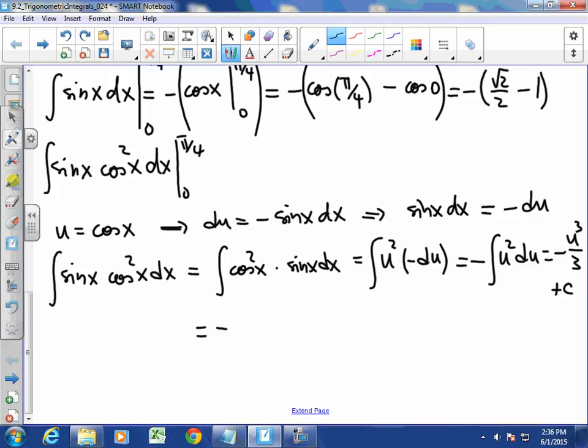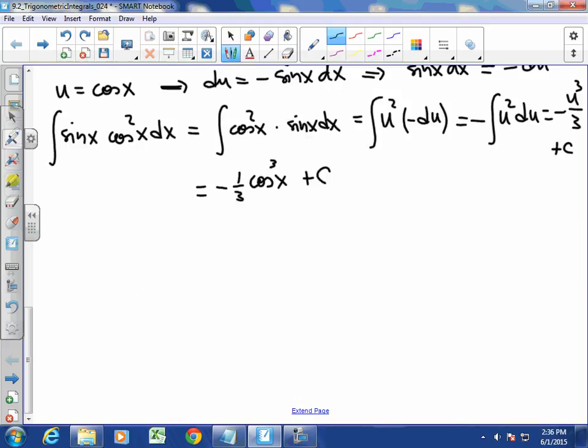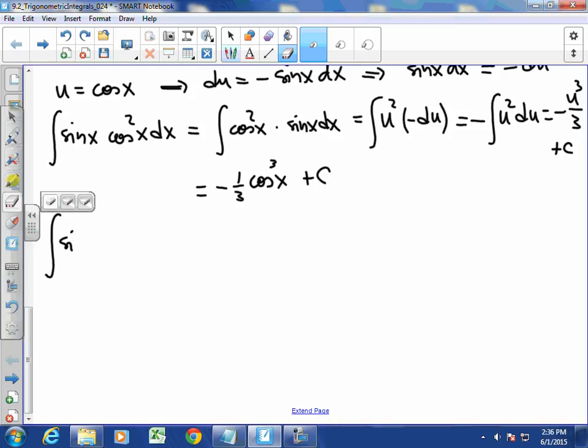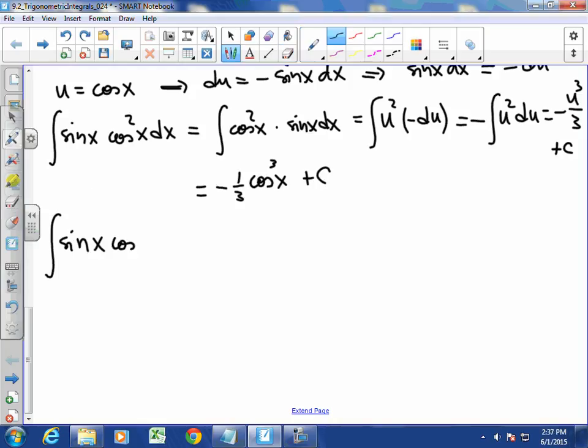What is u again? u is cosine x, so u cubed is cosine cubed x. So the integral of sine x cosine squared x dx from 0 to pi over 4 is negative 1 over 3 times parentheses.